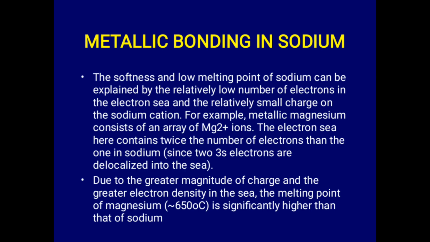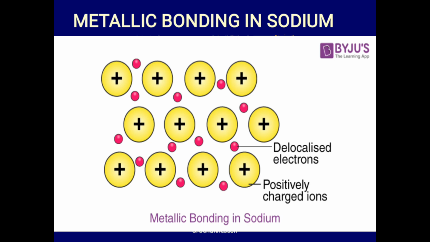In magnesium, the electron sea is twice that of sodium, so you expect the nuclear force of attraction to be higher. So the energy to break it will be higher, and that's why magnesium will have a higher melting and boiling point than sodium. When you compare with aluminium with 3+, we also have 3 times that of sodium. So those are things that cause metallic bonding, and that's a case study of metallic bonding in sodium.